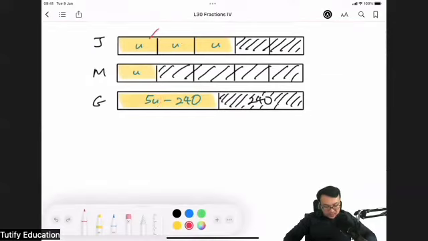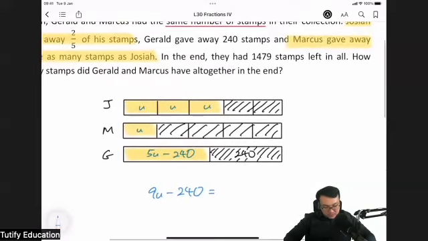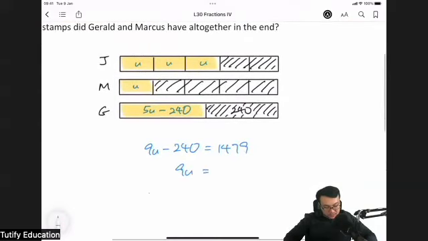So total 9 units are left, minus 240 equals 1479.